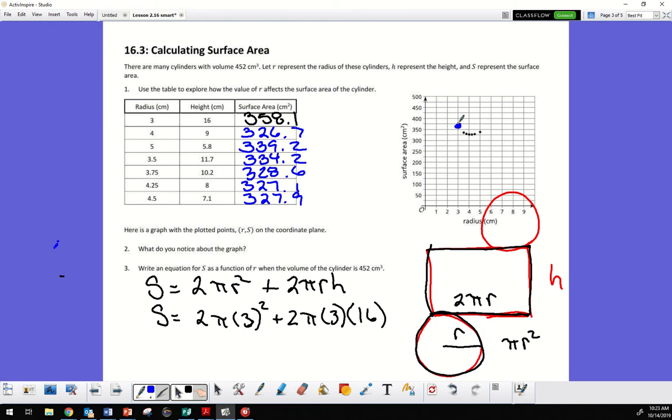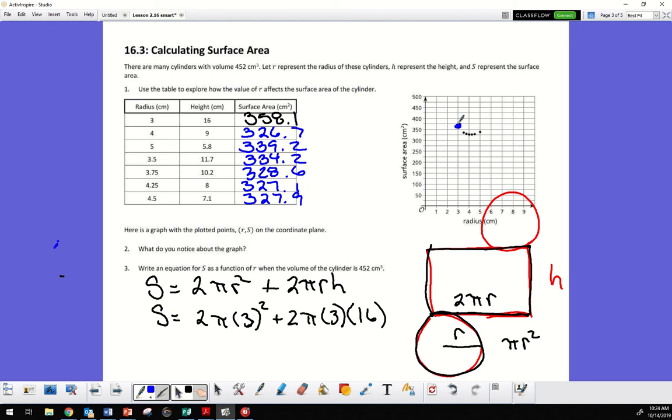Now whenever we're making something like this, let's say for instance you're in some type of trade. You have to build something. You decide, hey, I'm going to make cookies for a living, so I'm going to put cookies in a box, or a cylinder, even better. You have to calculate how much this container is going to cost you for putting your cookies in. This is where this actually comes into play for real life.